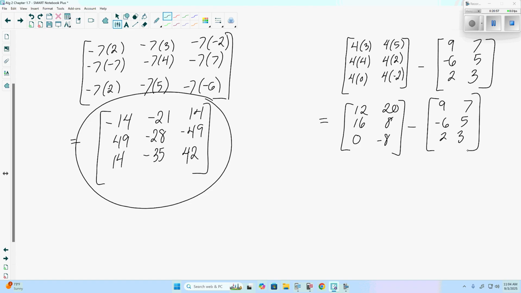Now, because they are the same dimensions, we can subtract. 12 minus 9, 20 minus 7, 16 minus negative 6, 8 minus 5, 0 minus 2, and negative 8 minus 3.